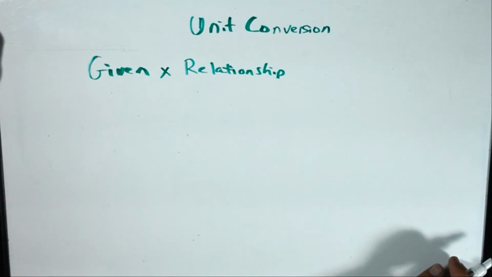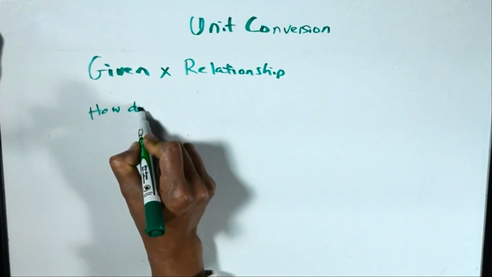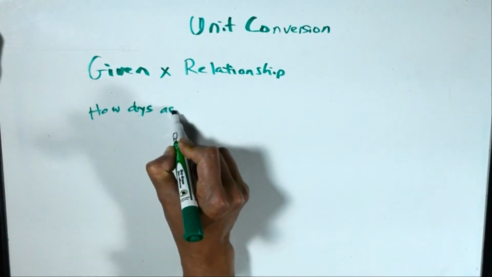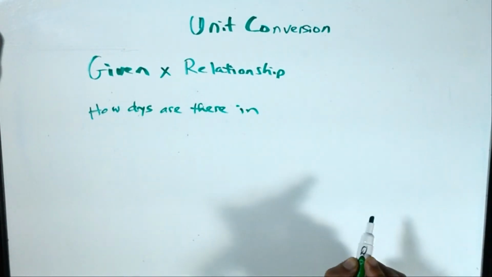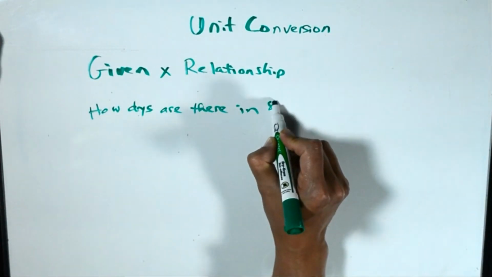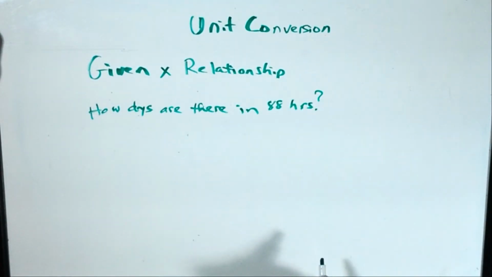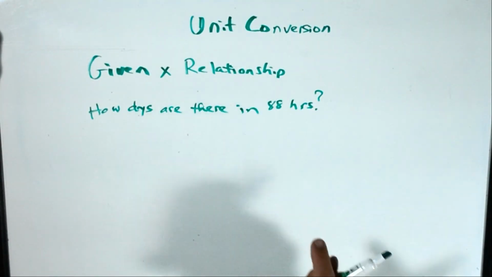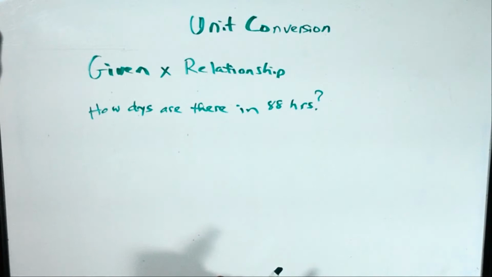Let's say we convert how many days are there in 88 hours, right? So we want to know how many days are there in 88 hours. So what's given to us is the 88 hours. We want to multiply that by the relationship. So let's look at the relationship first.